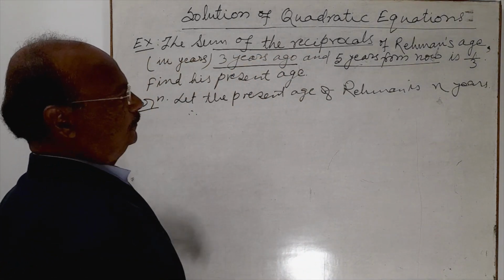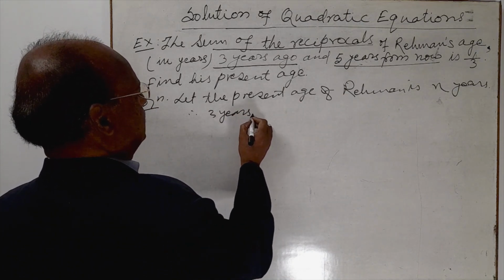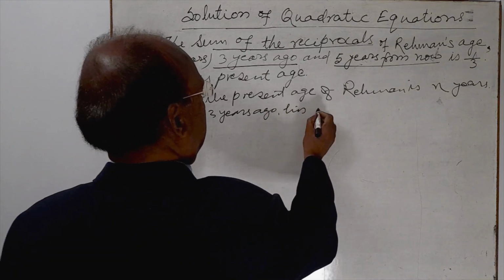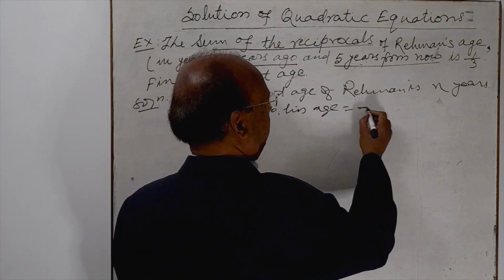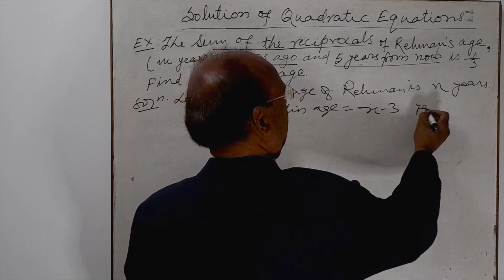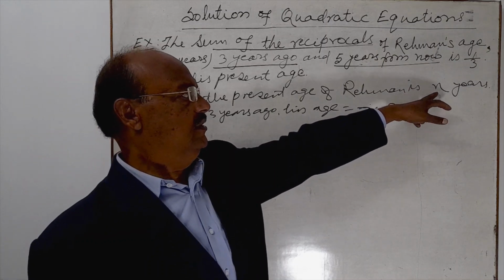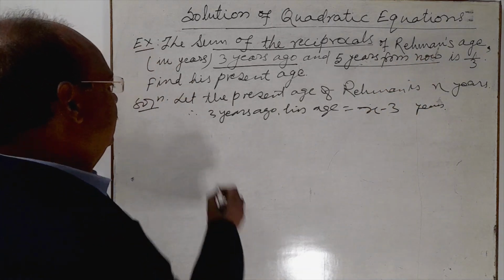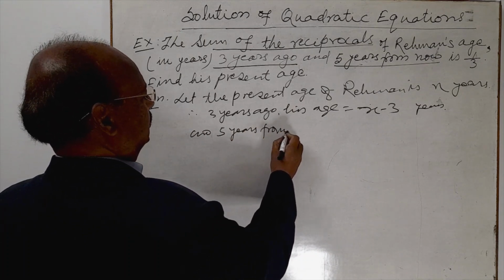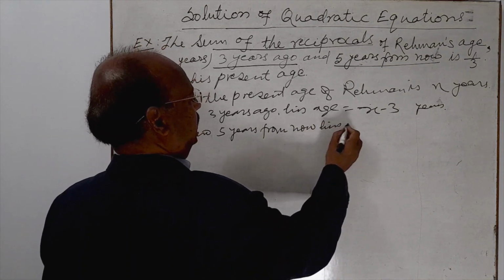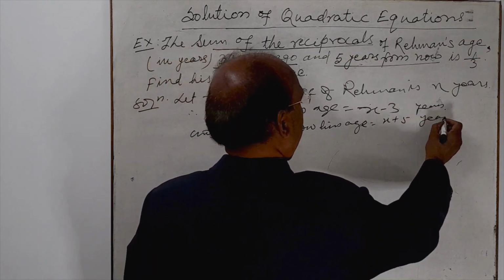Therefore Rehman's age 3 years ago is how much? 3 years ago means x minus 3 years, and 5 years from now, since the present age is x, will be x plus 5 years.